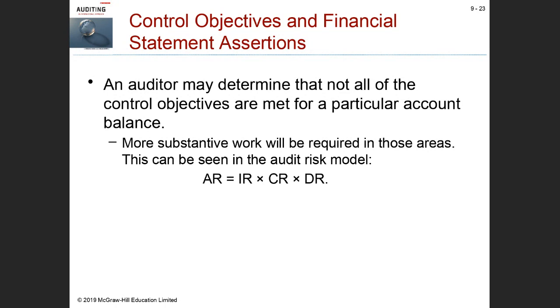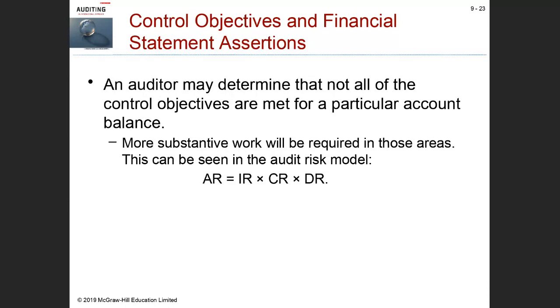And then multiplied by DR, detection risk. Detection risk is the risk that the auditor's own procedures will fail to detect and correct material errors in the financial statements. So from a broad, high level, audit risk is a function of the risk of material misstatement, IR and CR combined, multiplied by detection risk.